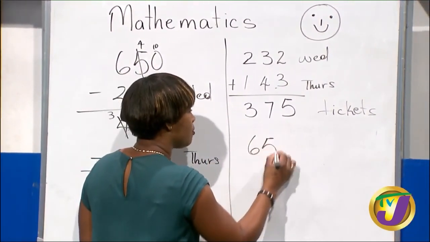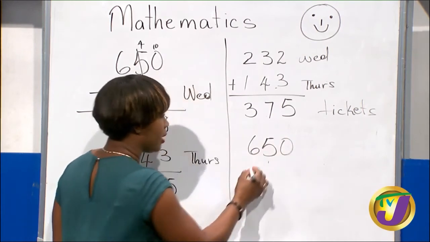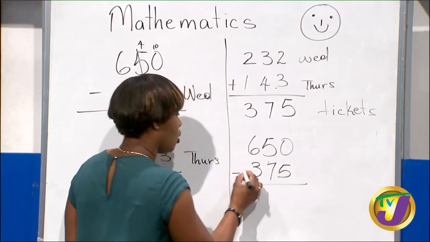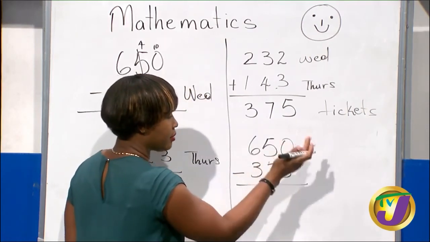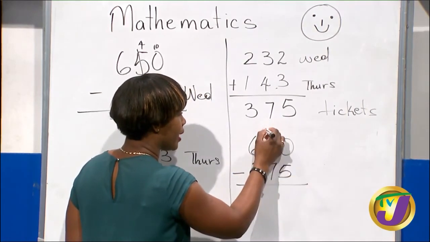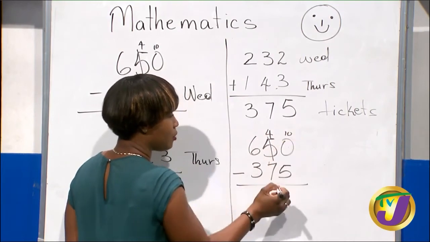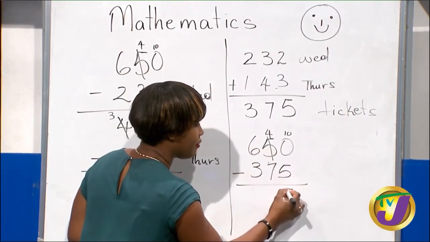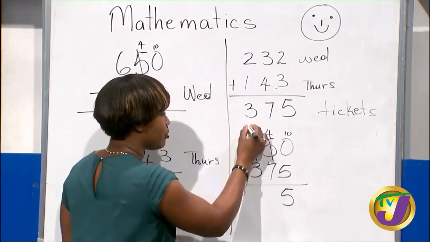So you have to go back to your 650 and you subtract all the tickets that you sold. 0 ones, I will do a regroup again. So now I have 10 ones, which I took from the one group of 10s. I made it 10 ones. 10 take away 5, 5. I have to regroup again.